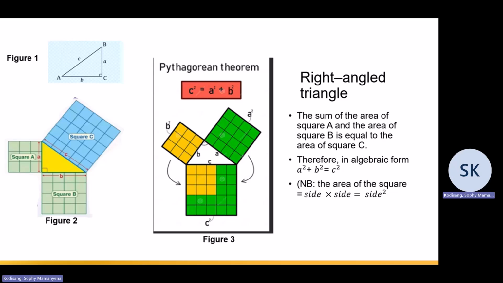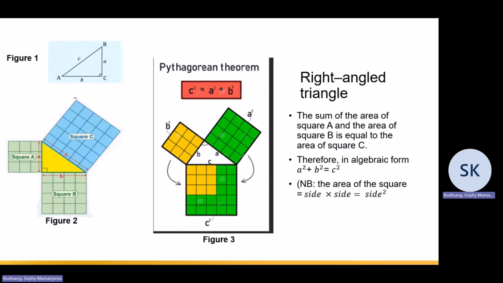Hence, this theorem of Pythagoras says the sum of the area of square A and square B is equal to the area of square C. So that is the theorem of Pythagoras.